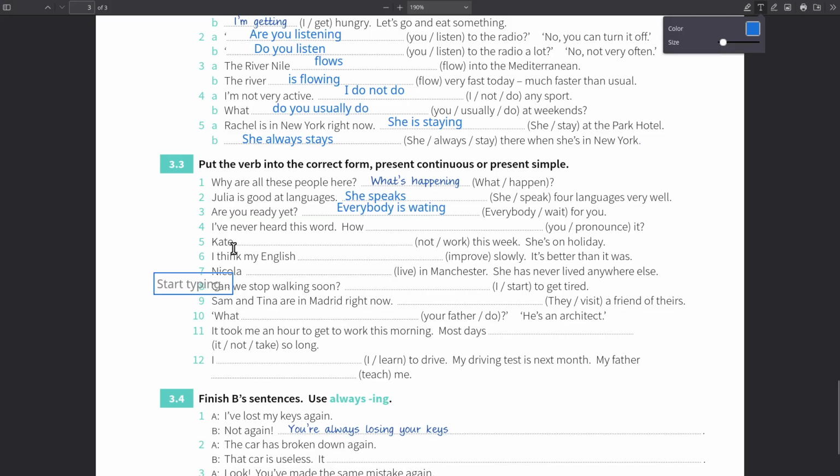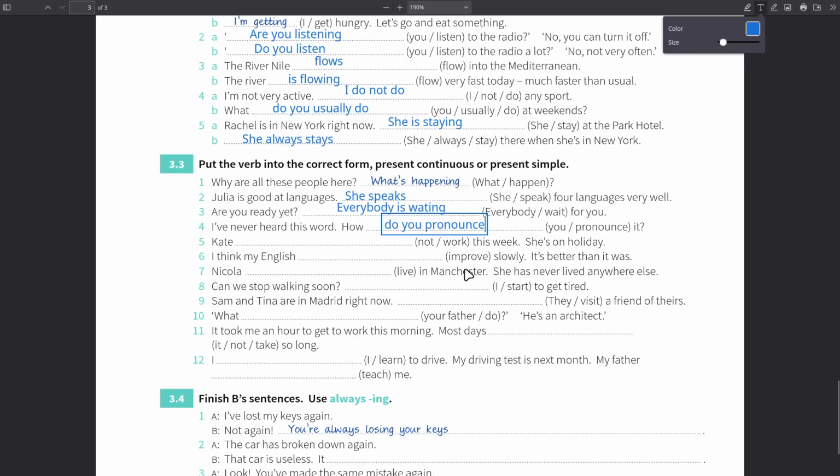Okay, let's move on to the next one. I never heard this word. How do you pronounce it? Okay, and because this is a question, right, we have to use our auxiliary. So, how do you pronounce it?